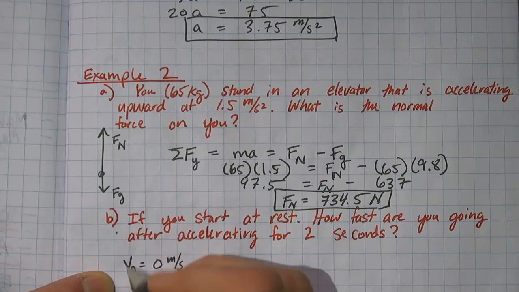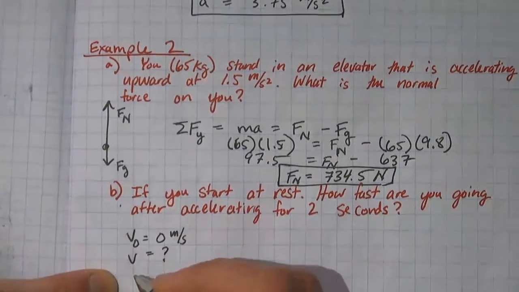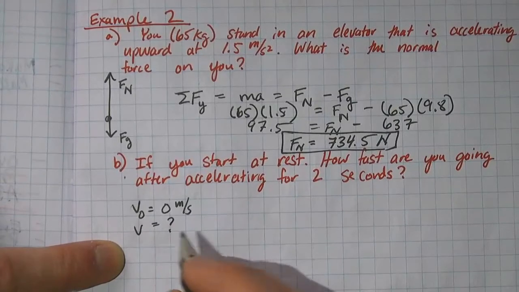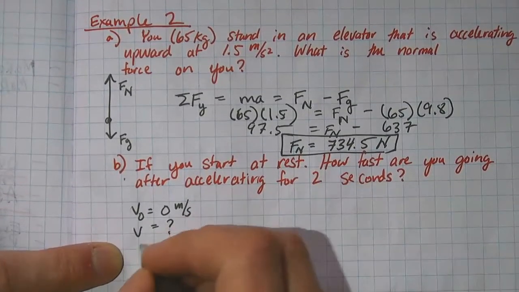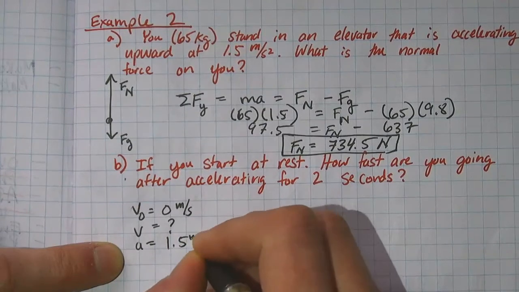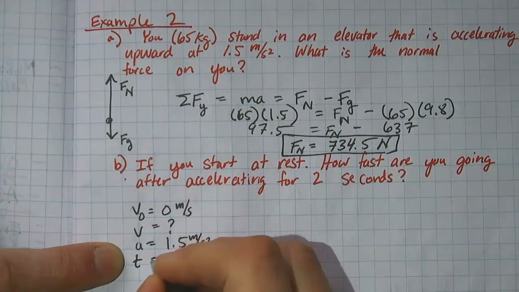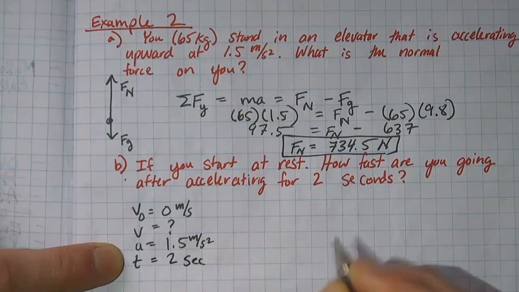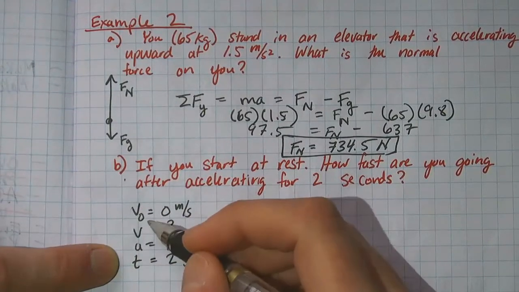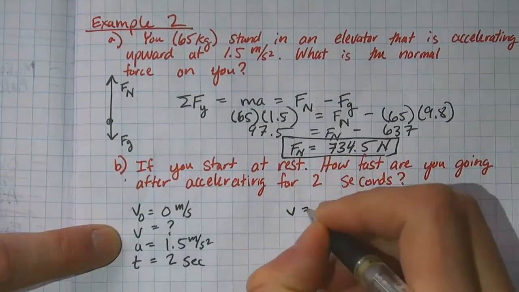We want to know how fast we're going at the end, so we're looking for our final velocity here. We know that our acceleration is 1.5 meters per second squared, and we know that the time is 2 seconds. As we look at that, we can figure out that we're going to want the Paul equation.